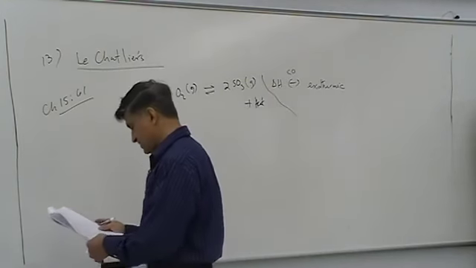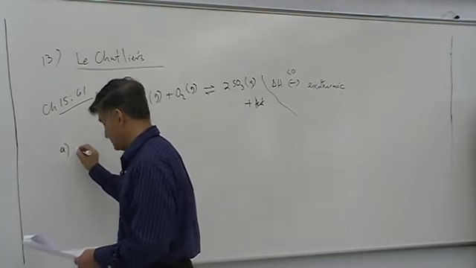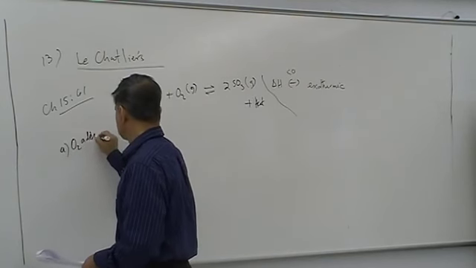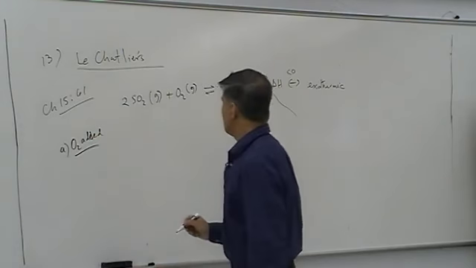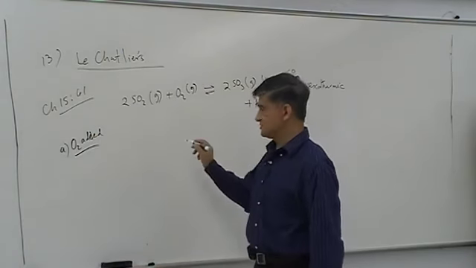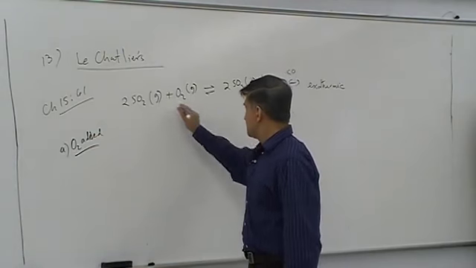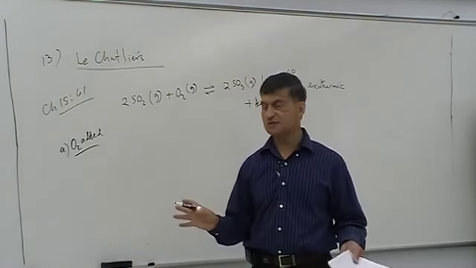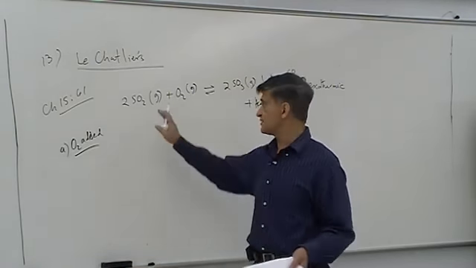So in this problem, they're asking what's going to happen if oxygen is added. When oxygen is added, this is how Le Chatelier's principle works. This is in equilibrium. First, assume that the system is pretty happy with all its concentrations. That's equilibrium.